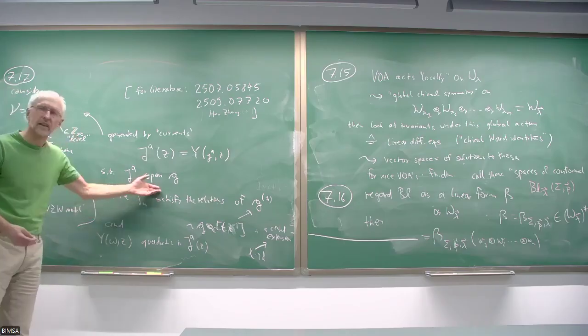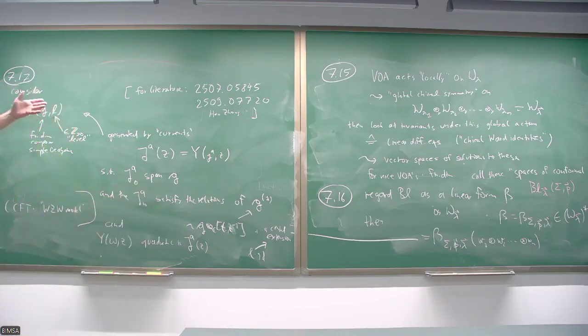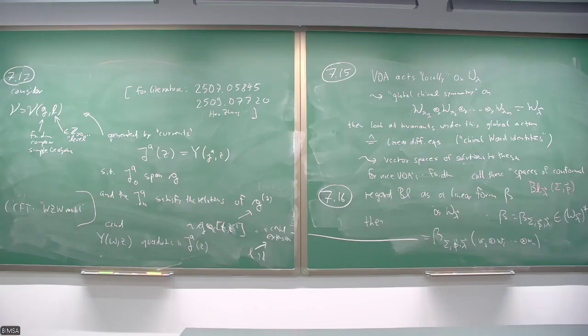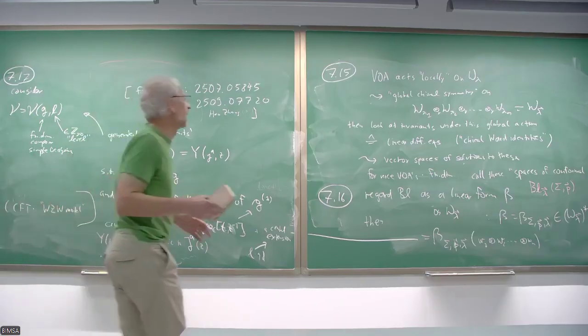You get it from these underlying currents or current algebra, and the Laurent modes of these satisfy the relations of an untwisted affine Lie algebra, which is something well known.